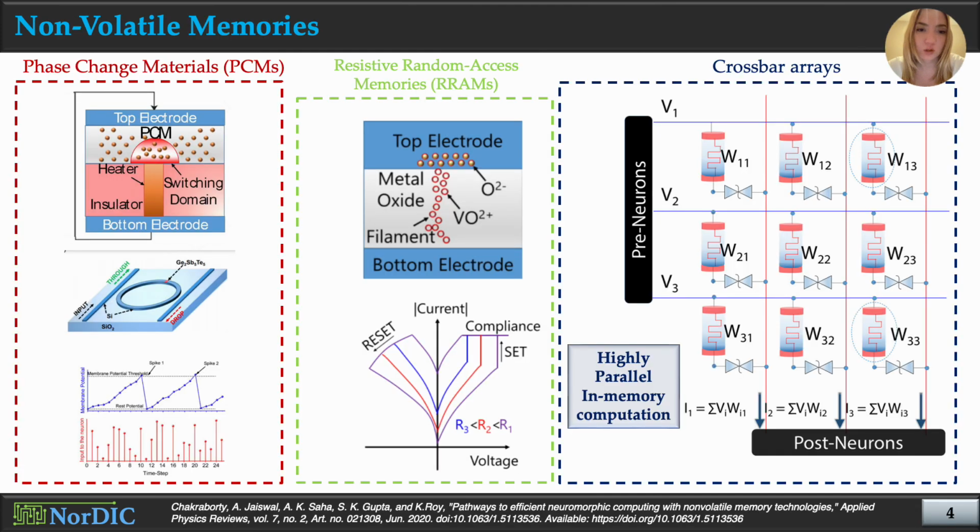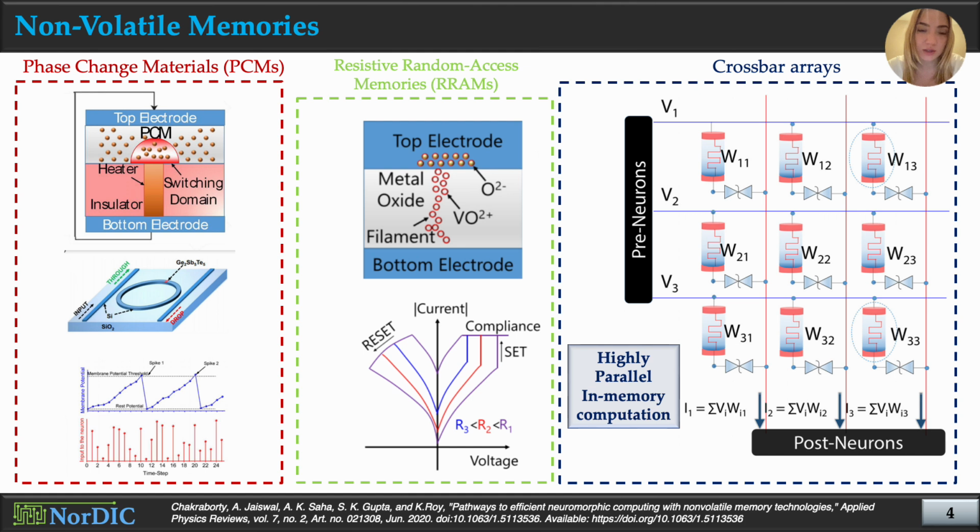Emerging non-volatile memories or NVMs such as phase change materials and resistive random access memories hold the potential for implementing area and energy efficient SNN computational frameworks at the device, circuit, architecture, and algorithm levels. NVMs emulate neuron activity by switching between two states, on and off.